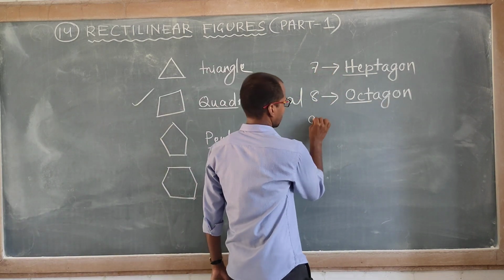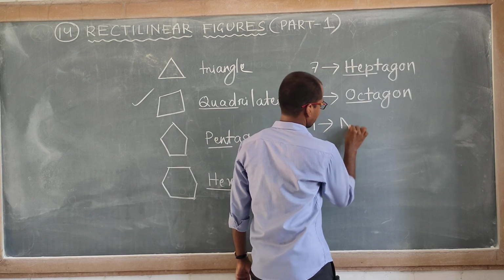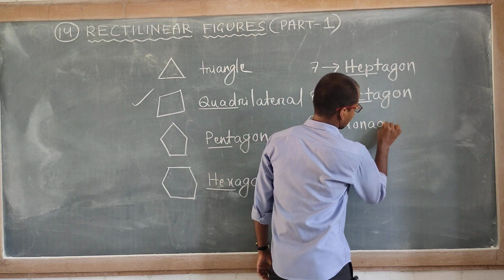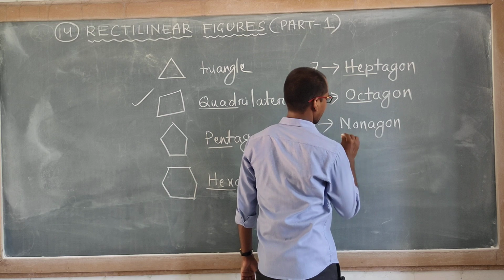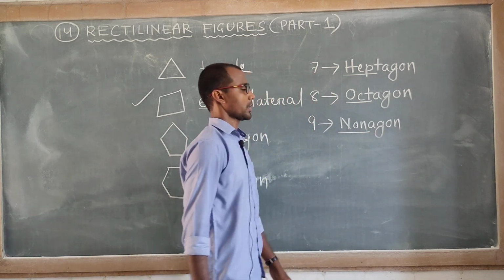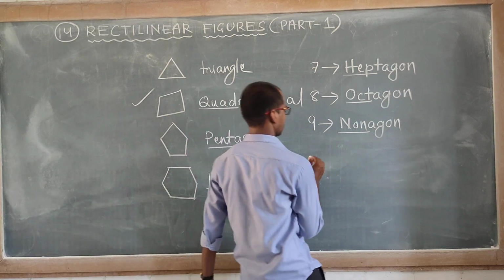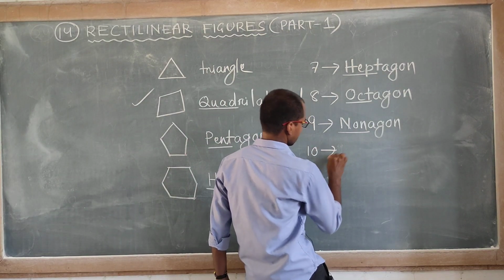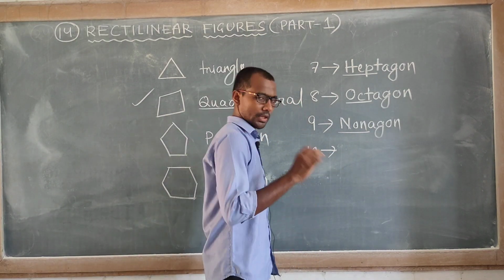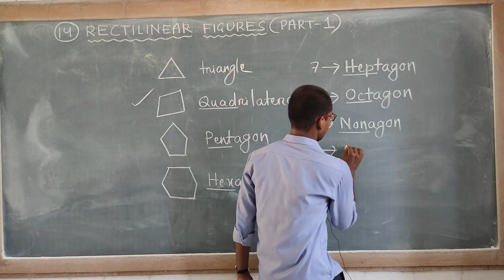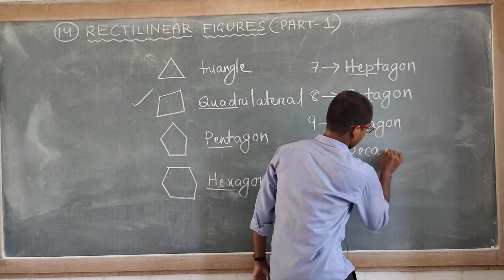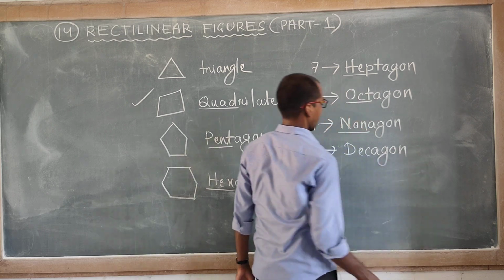If 9 sides, it is called nonagon. Here non means 9. If 10 sides, then also it is a polygon. Its special name is decagon.